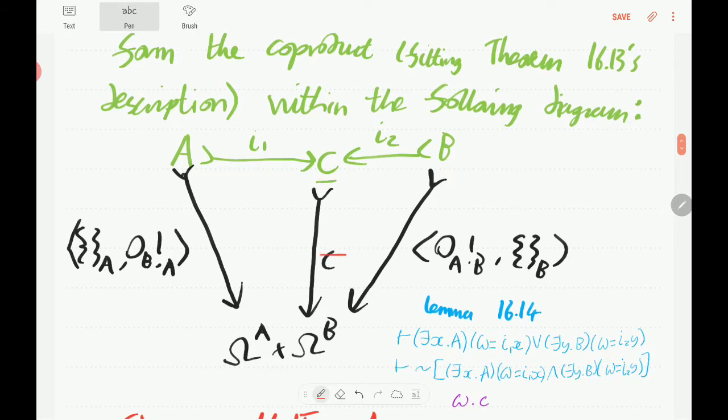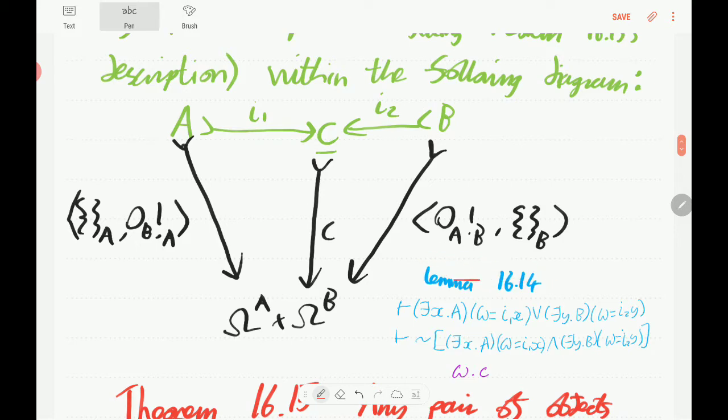We have this big extension that we defined as this sub-object C of omega to the power of A times omega to the power of B. And then we have these two black arrows into omega to the power of A times omega to the power of B, and the fact that these are both in C gives us I1 and I2. And then this source of this monomorphism little c, this thing I'm calling C underlined, this is really A plus B, and these are the injections into it. So this is forming the coproduct that we wanted.